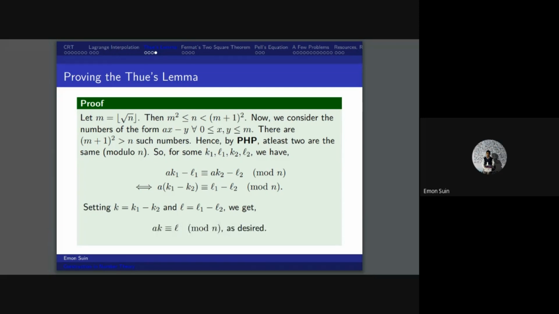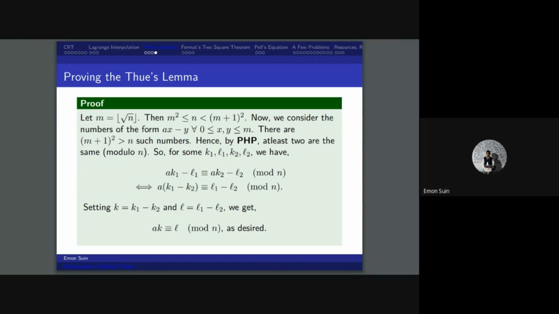In the complete proof, I didn't understand. What did you not understand? Can you say? Okay, so PHP. Do you know what the pigeonhole principle states? So there is x, and ax minus y has m plus 1 whole square many values, right?